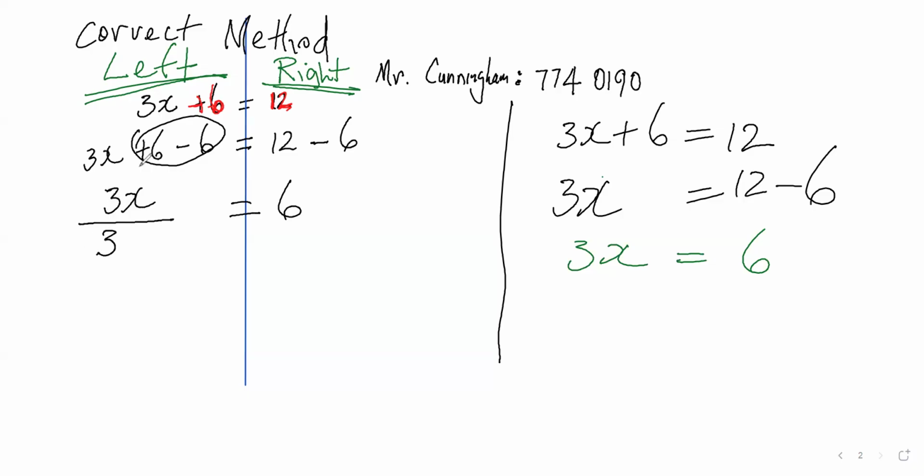But whatever I do on the left-hand side, I have to do on the right-hand side. 3 into 3, 1. 3 into 6, 2. So x is equal to 2. Everybody okay with that?